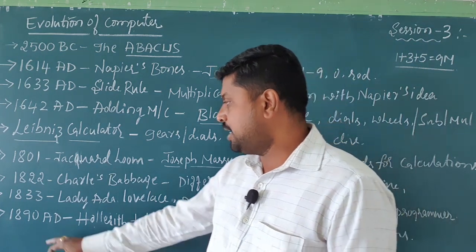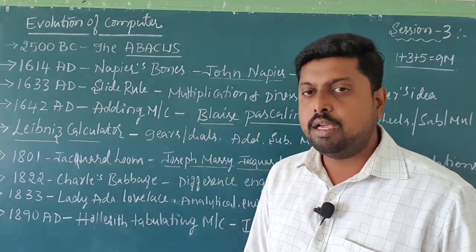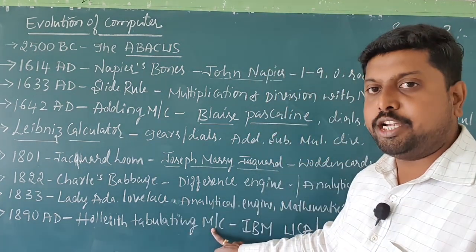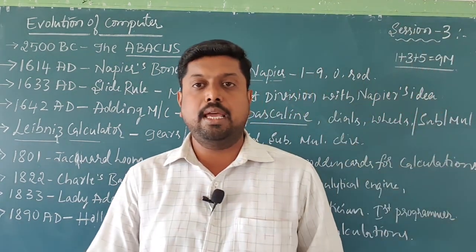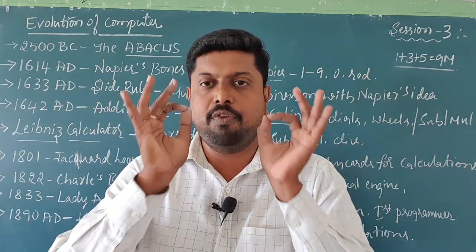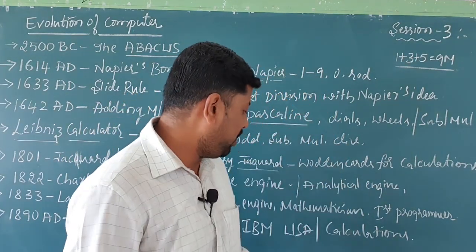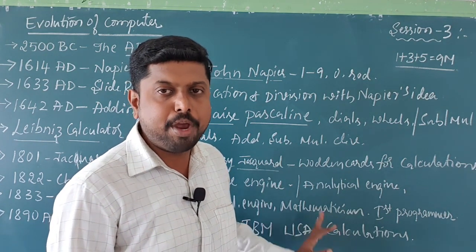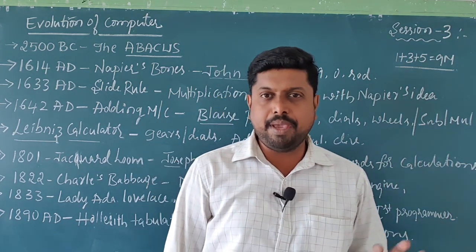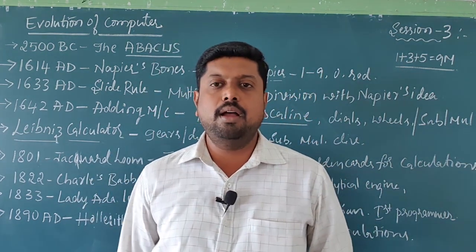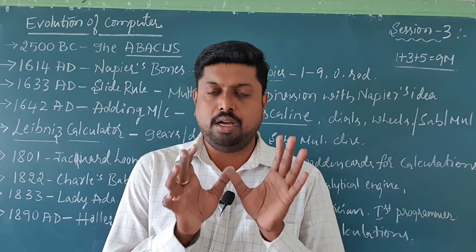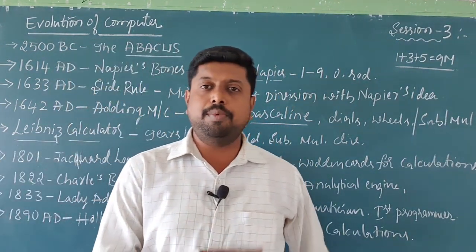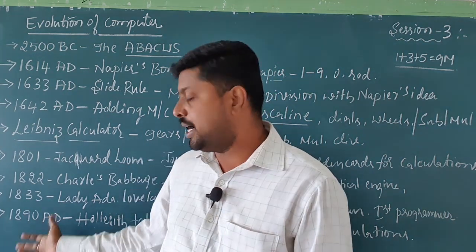And finally, in 1890 AD, the Hollerith tabulating machine was introduced with the help of a company for the computer field. That company is what we call IBM, International Business Machines, a company based in the USA, America. With the help of that tabulating machine, the calculations became very easy in 1890.